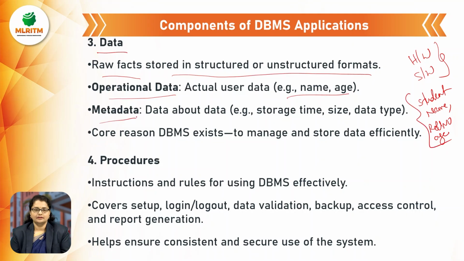Then the metadata, which is data about the data. In this particular data, the storage time, size, and data type, everything will be involved. When we are gathering information related to the student, we need to know the student name, age details, email ID. That is enough to access the data. Considering the metadata, when you are entering data into the database, it can also add the data types.